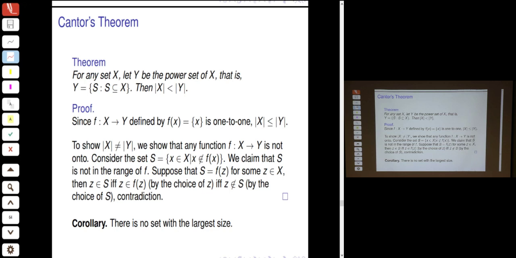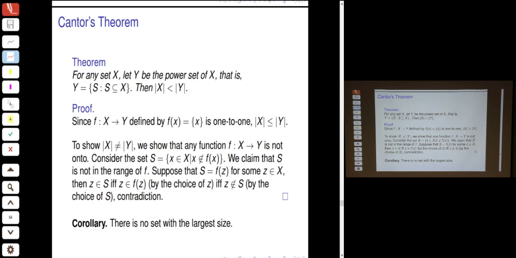But what is the significance? The significance of Cantor's theorem is that there is no set with the largest size. In other words, in the world of infinity, we can keep on going.